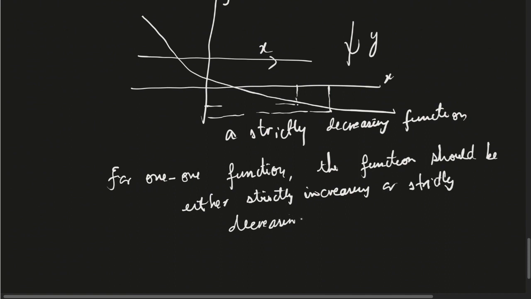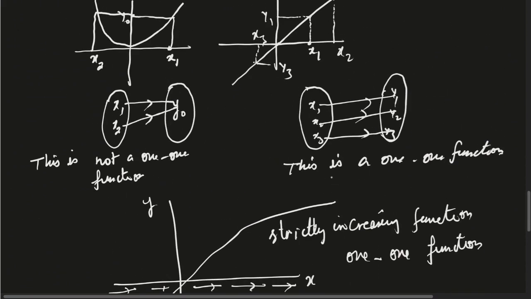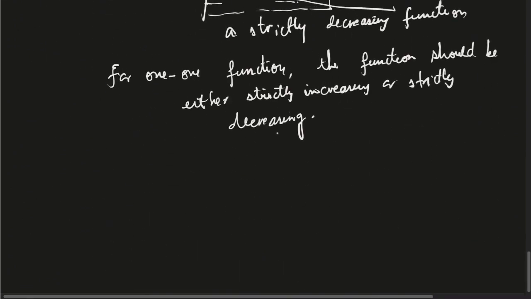Strictly increasing means when we increase the value of x, the value of y should also increase. And a decreasing function is when we increase the value of x, y should always decrease. So these are a few basic observations. If we have a question and we have to show that this is a 1-1 function, then we'll have to show that it is either strictly increasing or strictly decreasing.